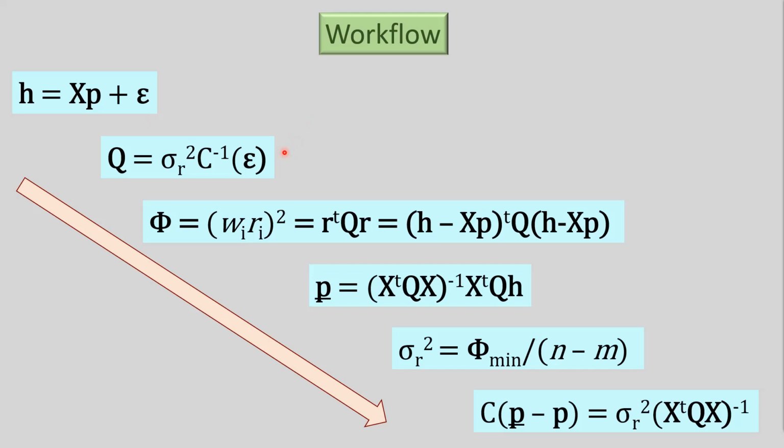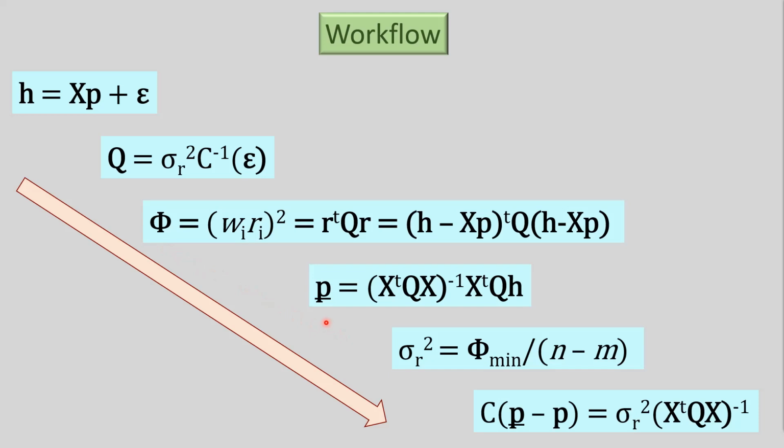Once we've chosen our weights, we then have an objective function which we can minimize. On minimizing that objective function, we obtain a set of estimated parameters.